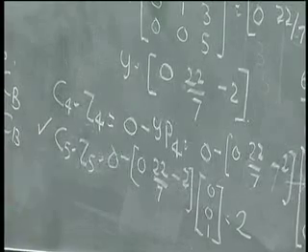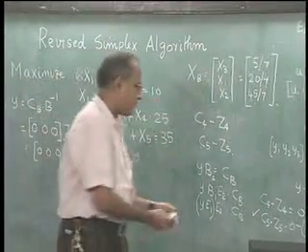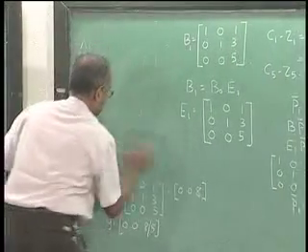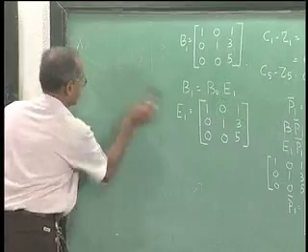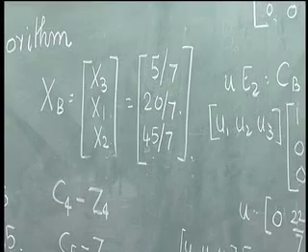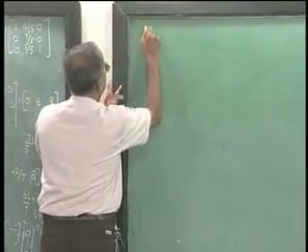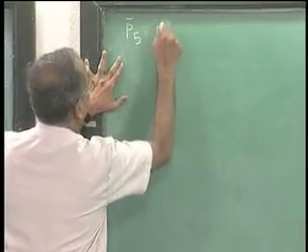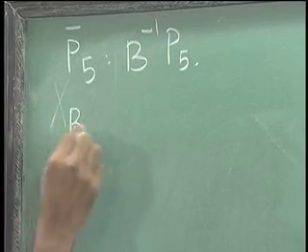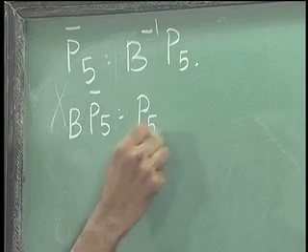Now, in order that variable x5 enters the basis, we need to find out the leaving variable. To find out the leaving variable, we need to find out P bar 5, which is equal to B inverse P5. Pre-multiplying by B, we get B into P bar 5 is equal to P5.